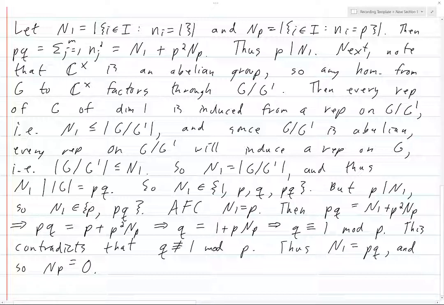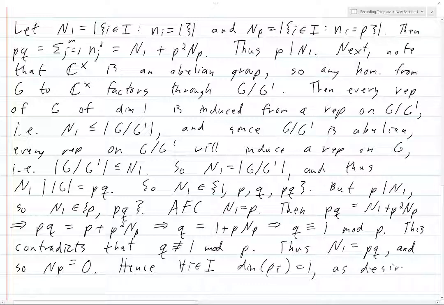So we knew that np had to be greater than or equal to 0, but np being equal to 0 was never ruled out. So n1 is PQ and np is 0. And so, hence, for all i in capital I, the dimension of rho i is equal to 1. And that's exactly what we are trying to prove. And so this completes our proof.